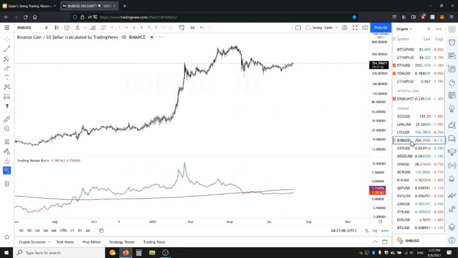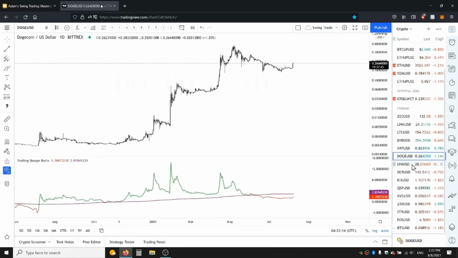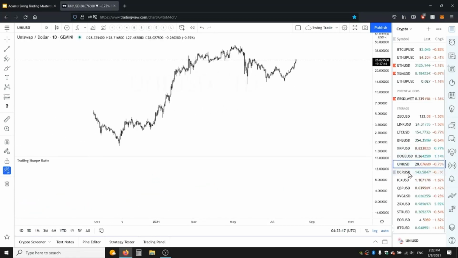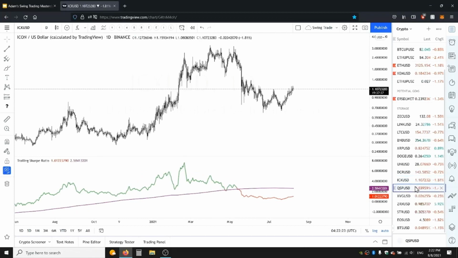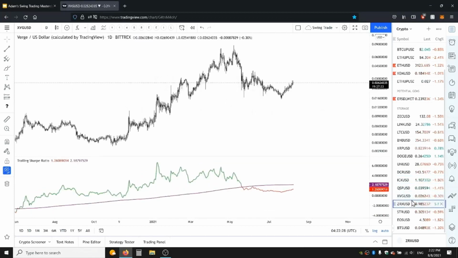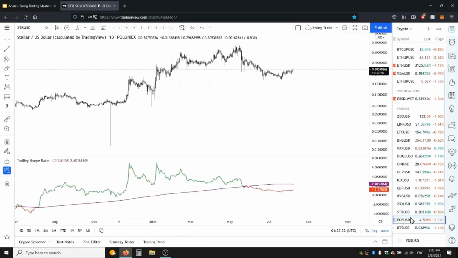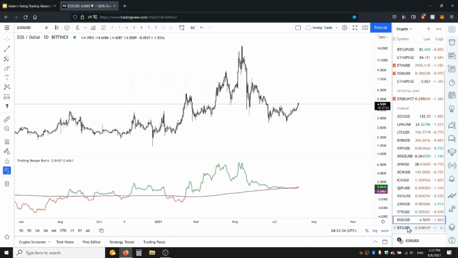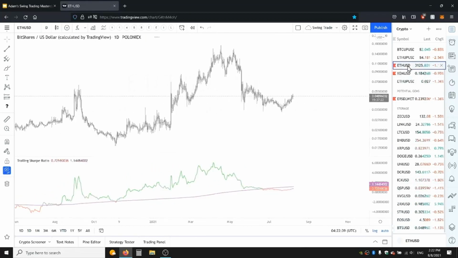Litecoin. BNB. 2.7. Ripple. 1.6. Doge. 2.8. Uniswap. Not enough price history. Decred. 1.5. ICX. 2.5. 2.2. Verge. 2.1. Shitcoin. XRX 2.2, 2.4, whatever, 1.4, and then we choose Ethereum.